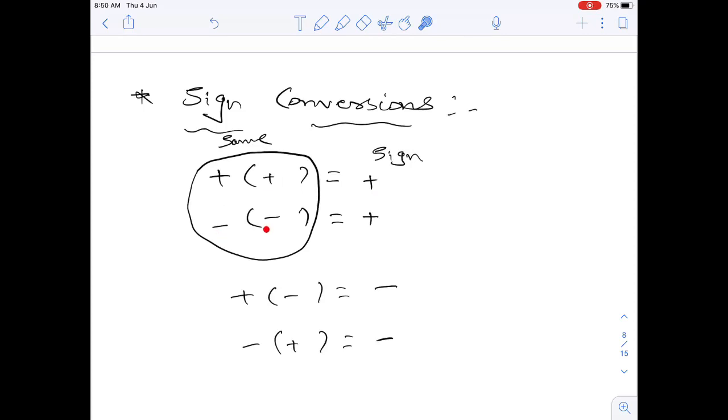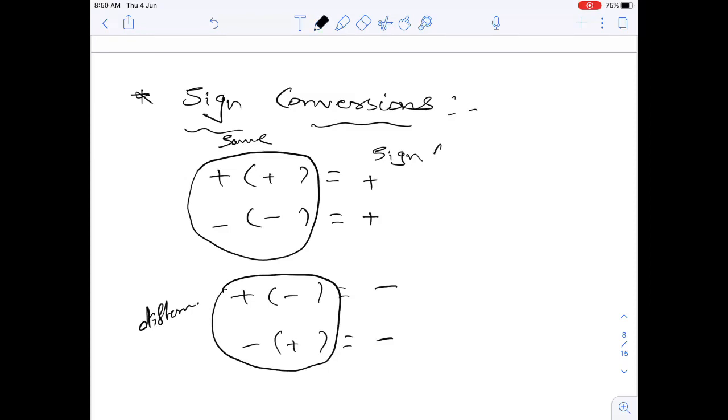After minus, again minus, so we have again written positive. And when two different signs follow one after another, we change it into a negative sign. Is it clear?